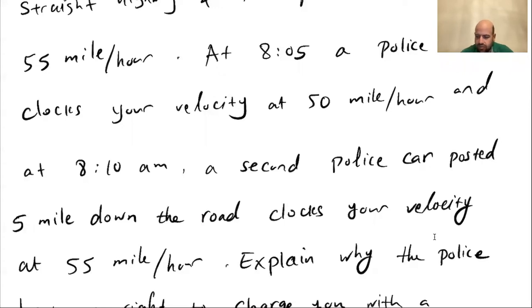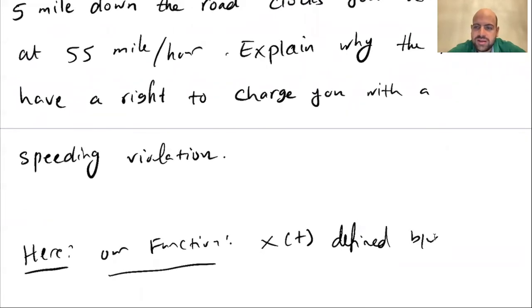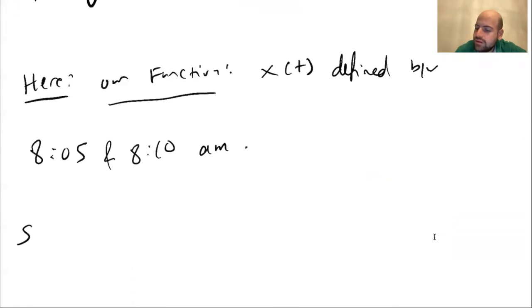Now, normally in physics we need a t equals 0 at some specific time. There is no mentioning of any time before 8:05. So why don't I set t equals 0 at 8:05 a.m.? Then at 8:10, t will be how much?